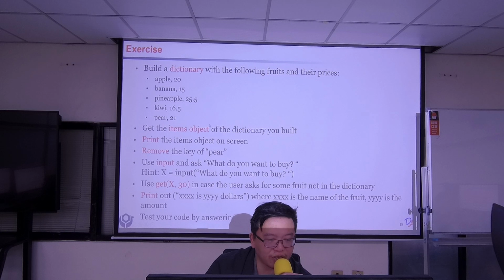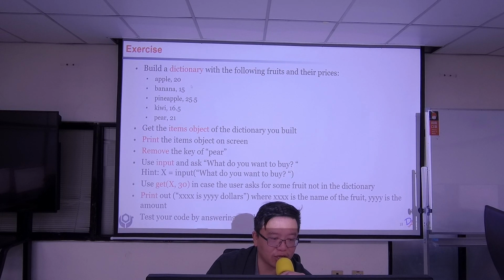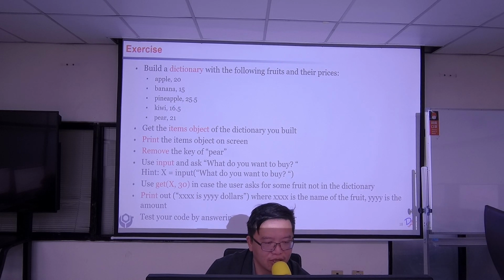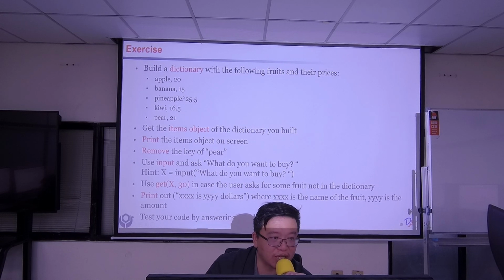So the dictionary dot get, and the first input you put is the response, and then you give a new number that is not shown in the dictionary. If someone types in something random, not even a fruit, the get function will return this alternative value, 30. But if it can be found, for example the user types in apple, it's inside the dictionary, and what you will get at the end is 20.